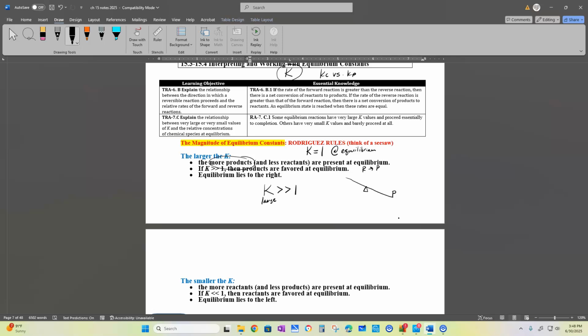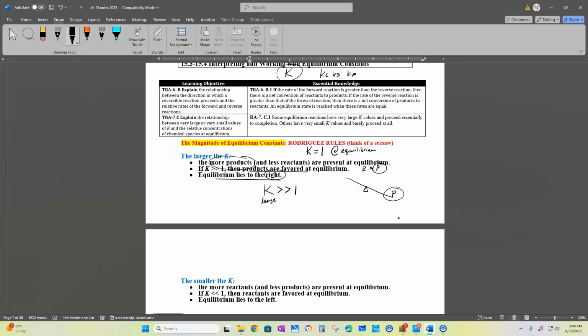So at equilibrium, you have way too much products, and the products are favored at equilibrium. So equilibrium lies to the right. Now, why on the right side? Well, because the products are on the right side.